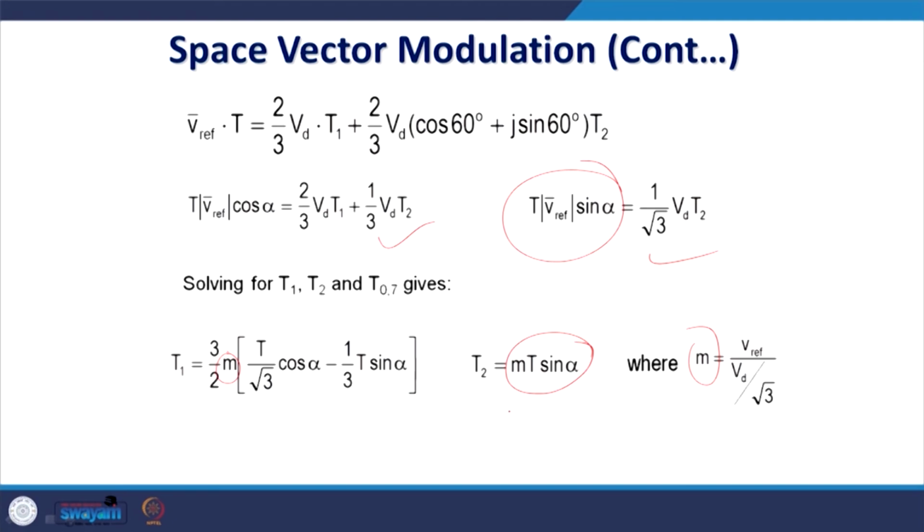Similarly, we can calculate T2, T2 is just M into T sin alpha. So, thus we have calculated T1 and T2, subtract them from the total time T, and you divide it by 2 and that becomes T0 and T7.